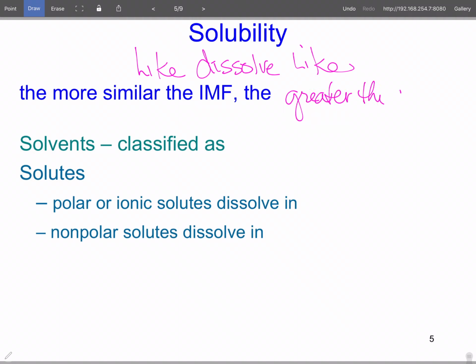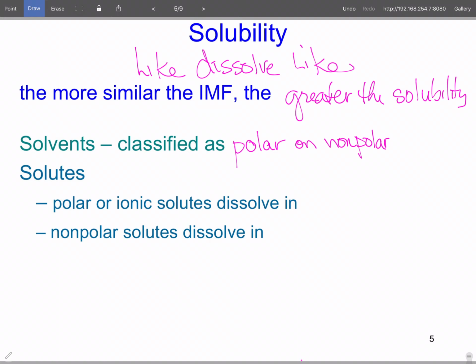And remember, we've done the intermolecular forces. We'll review them quickly in just a minute. But the bottom line is the solvents typically are classified as either polar or nonpolar. You've gone back and you've reviewed molecular shape and polarity.